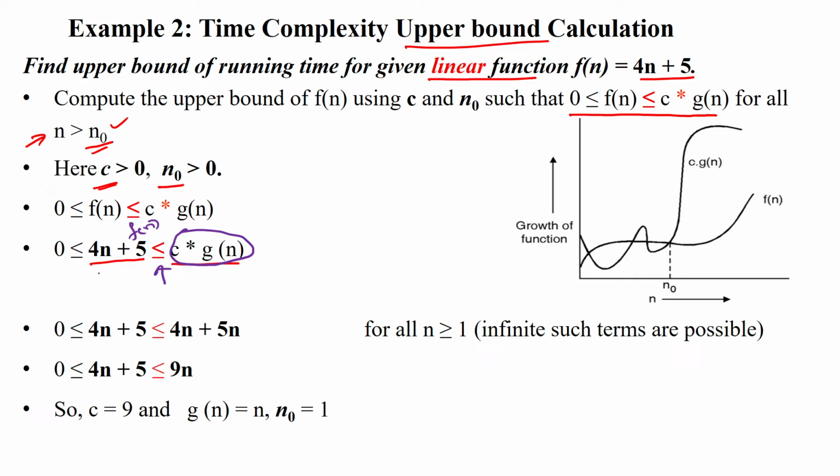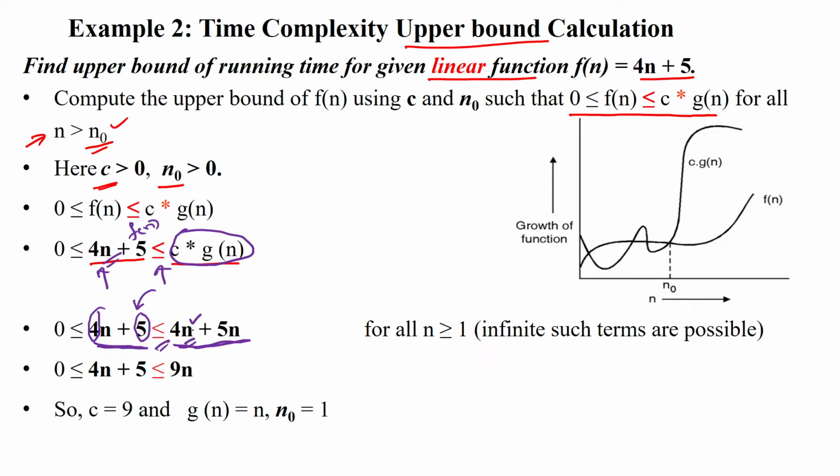Here the dominating term is 4n. The dominating term is n. So we take that n term, and this should always be greater than the given function. We take the dominating term and the coefficients of the terms in f of n, because that makes it always greater than the given f of n.